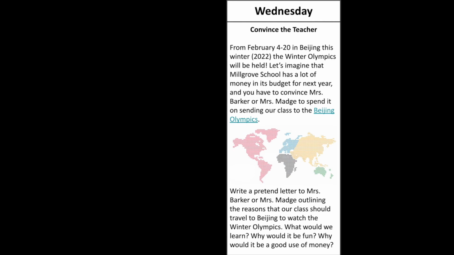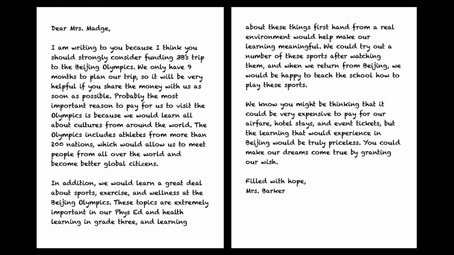But in this letter, I'd like you to convince me or Mrs. Madge why we should spend the money on sending our class on an airplane, paying for hotels, paying for tickets to the Olympics, why that would be something that would be wonderful for the students in our class. So I have an example here with some explanation of the key reasons I think we should be allowed to go to the Olympics and why that's a good use of money. So you can come up with those reasons.